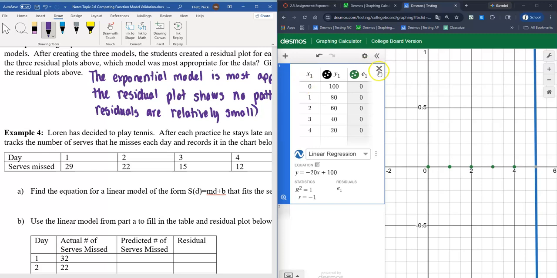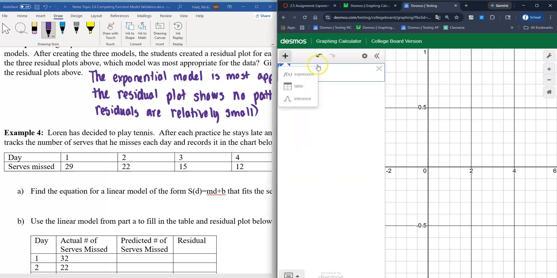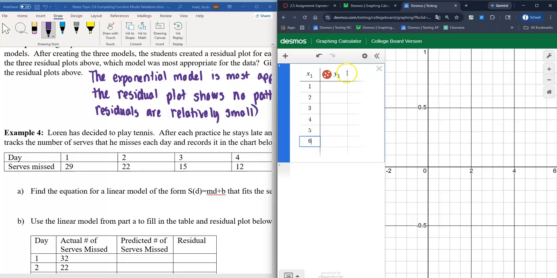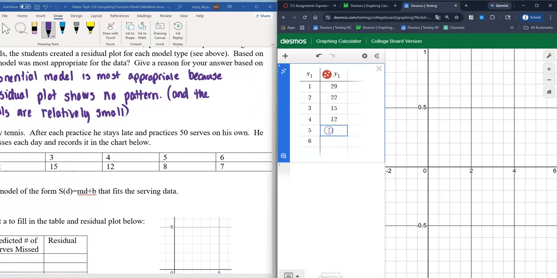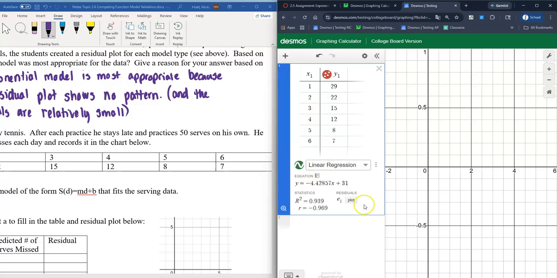So we've got 1, 6, we've got 29, 22, 15, 12, 8, 7. And we want to do a linear regression.